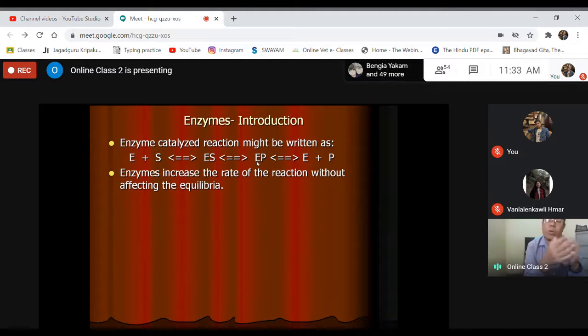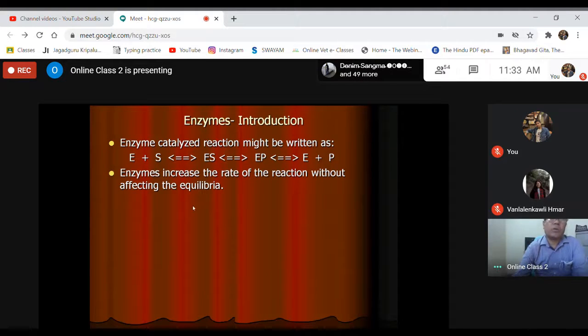Then finally the enzyme product complex is dissociated to form enzyme and the product. So here what we are seeing is that the enzyme was initially consumed to form the enzyme substrate complex. Then at the end of the reaction, the enzyme itself is released. So that means the enzyme itself is not consumed at the end of the reaction.